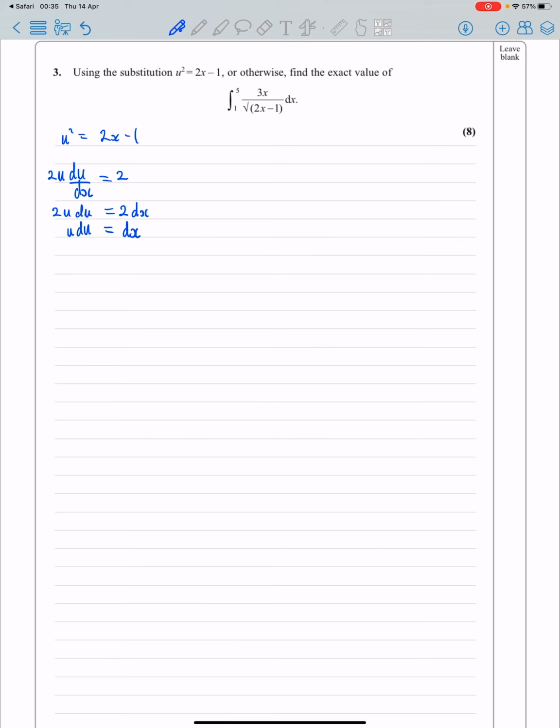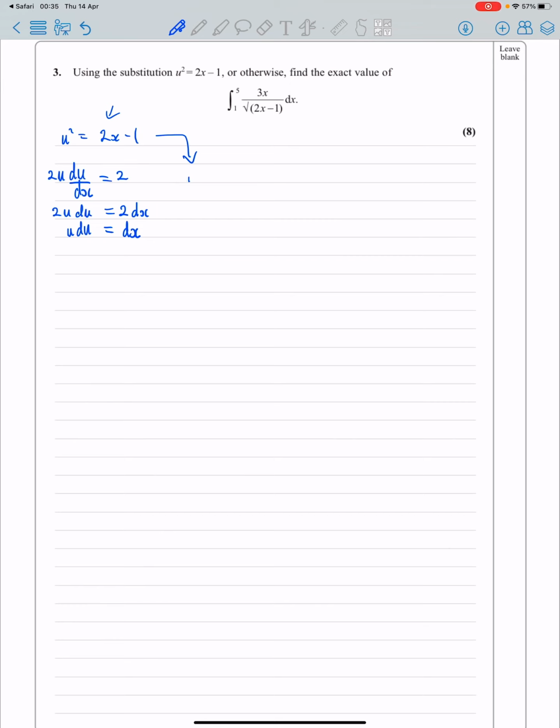Okay, so we can start to substitute a few things here. What we can also do is we realize that we still have this 3x that we're going to have to deal with at some stage. So we can rearrange this to make x the subject.